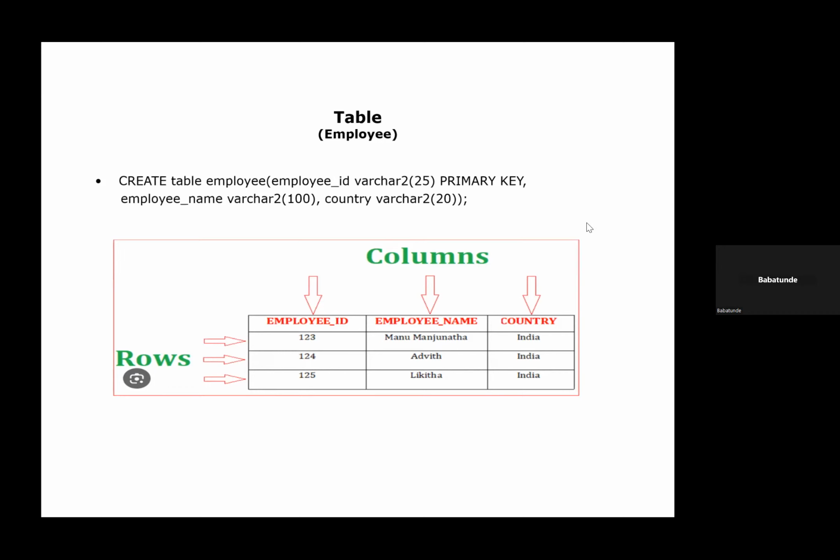Maybe my name, you can put Babatunde, or you can put a surname. So the name, or the country. Then I want to create a column called country with a length of 20. And you send that information.